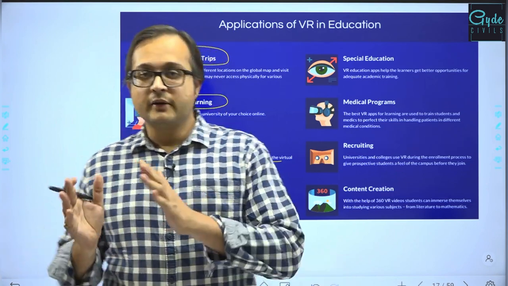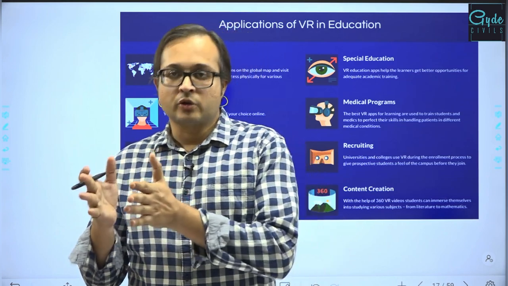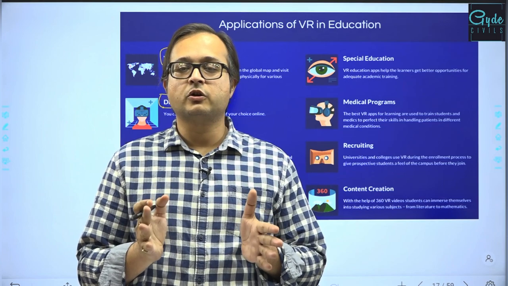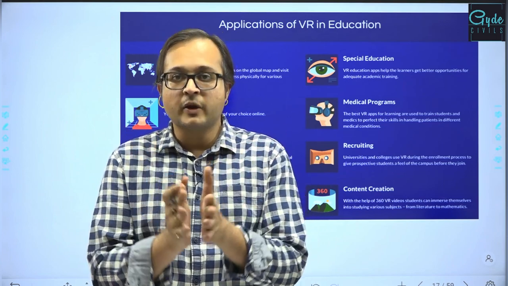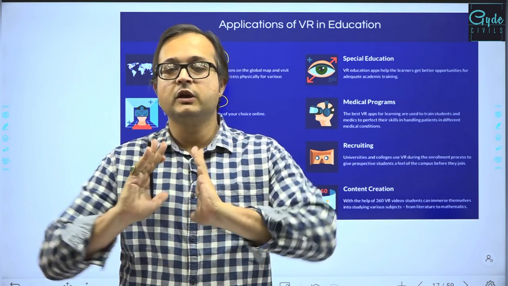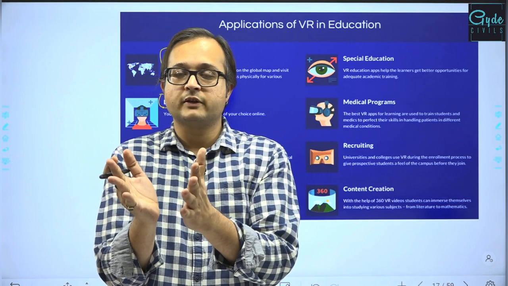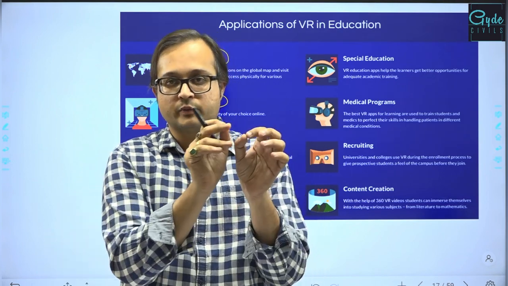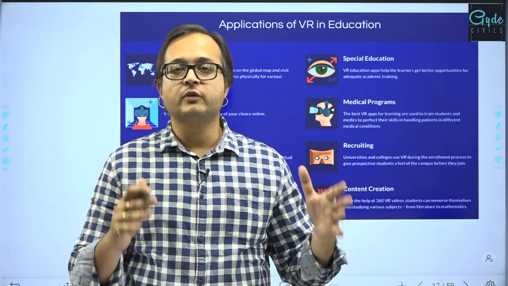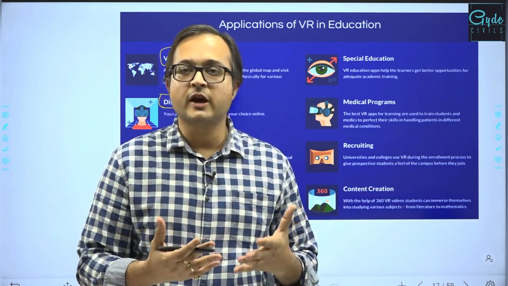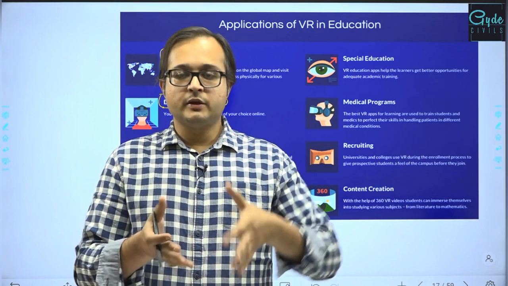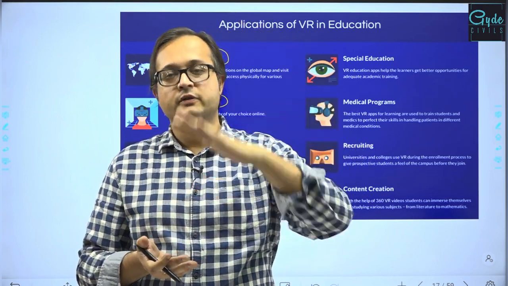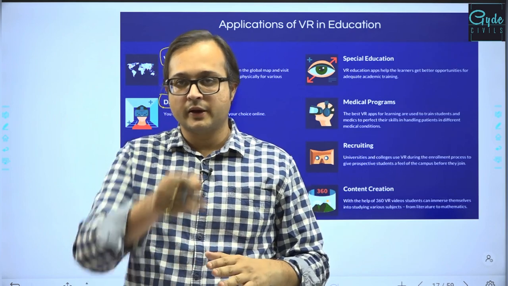So the gap between the theoretical understanding and the practical understanding of particular subjects or topics can be minimized, or narrowed down. When we learn with the help of a more realistic projection of things, with the actual perception of depth. Say, for example, we are learning the body's anatomy, right? Then models of the body's anatomy can be created: organs, then covers, skin, etc. All of them can be created.